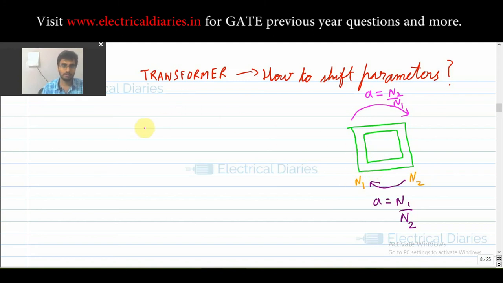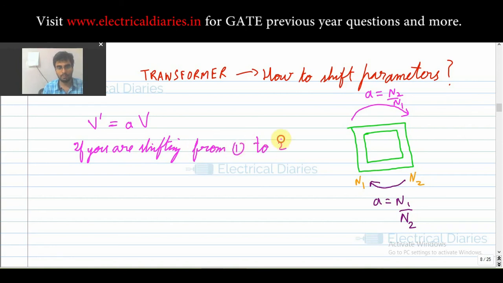Now I will write the expressions and it will be more clear. The shifted voltage V dash will be A times V. You have to consider A cautiously, according to which side you are shifting to. Let me explain. If you are shifting from 1 to 2, from this side to this side, then A will be equal to N2 by N1.